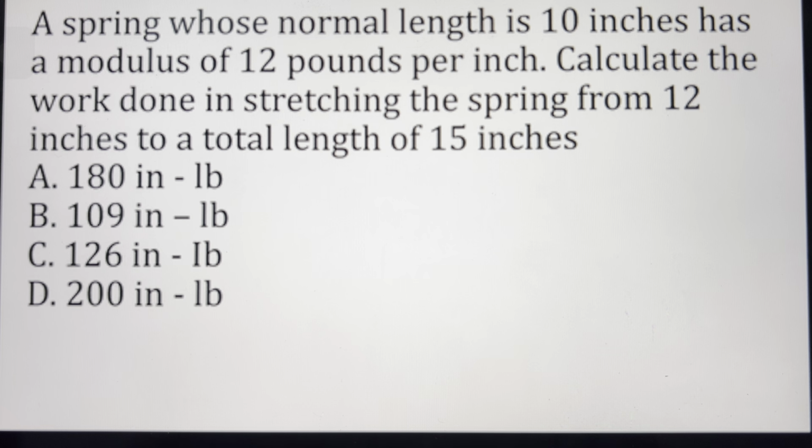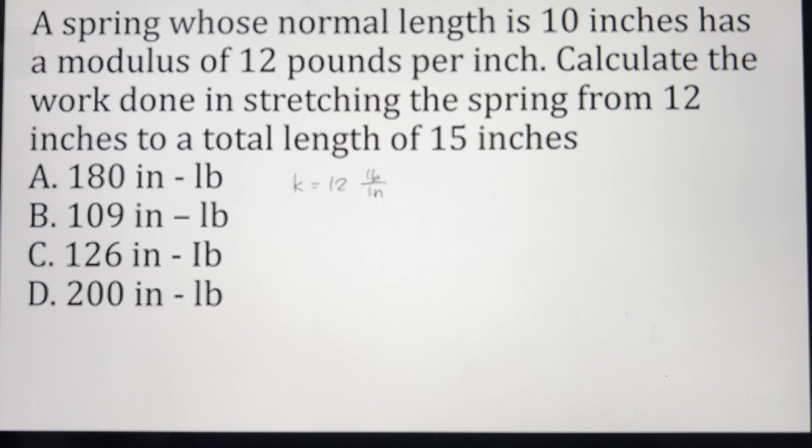A spring whose normal length is 10 has a modulus of 12 pounds per inch. That's our k. Calculate the work done in stretching the spring from 12 inches to a total length of 15 inches.